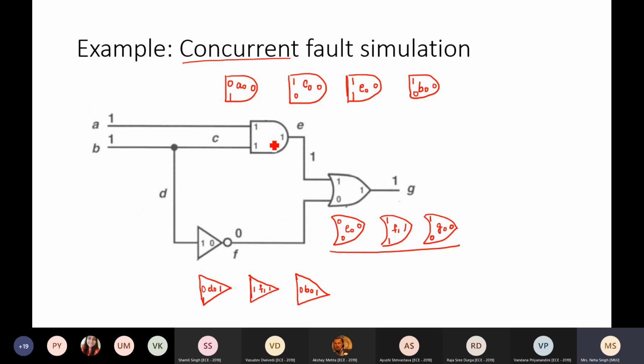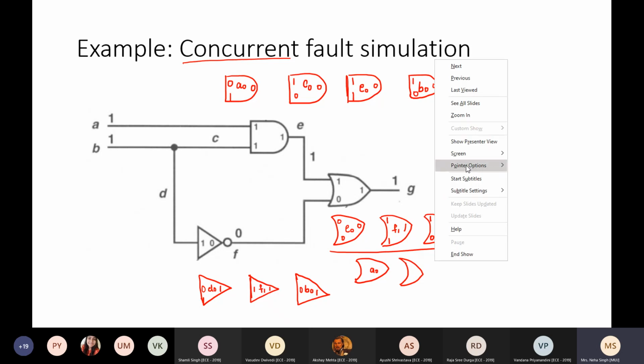What possible fault will put E equal to 0? A stuck at 0 or C stuck at 0. Also B may be stuck at 0. So I say A stuck at 0, B stuck at 0 and C stuck at 0.